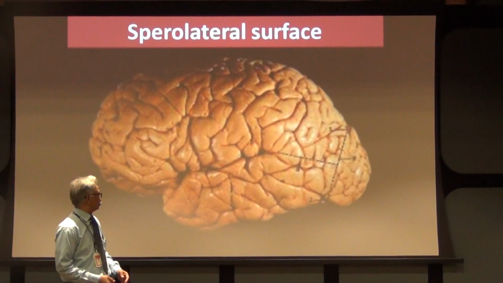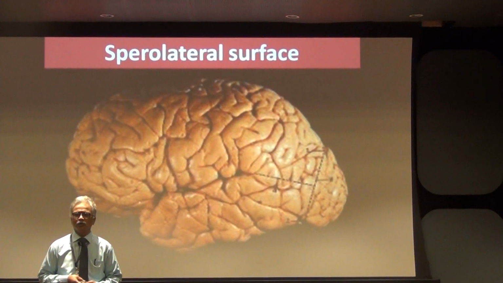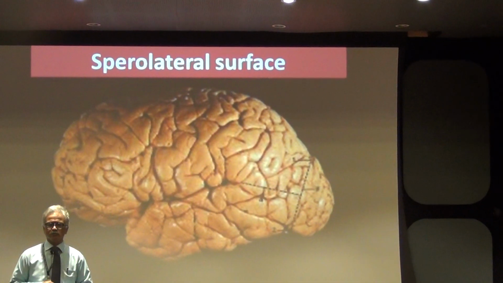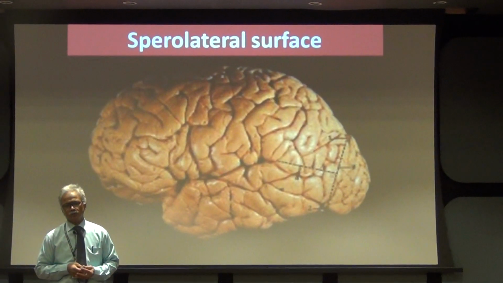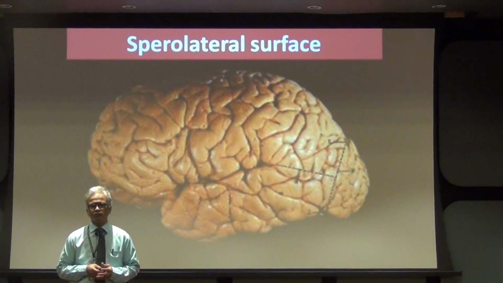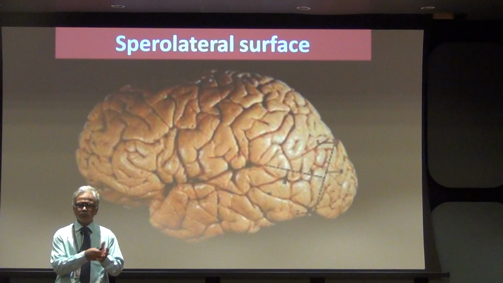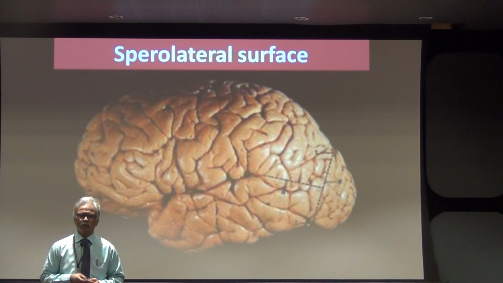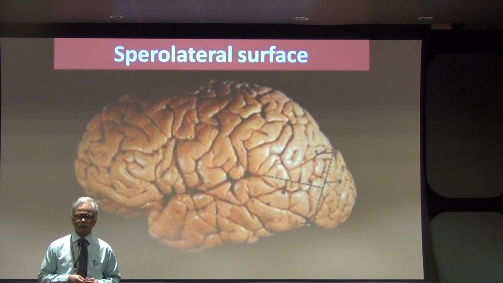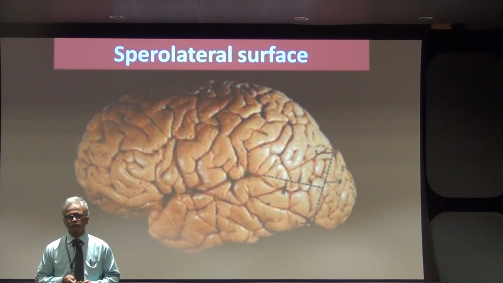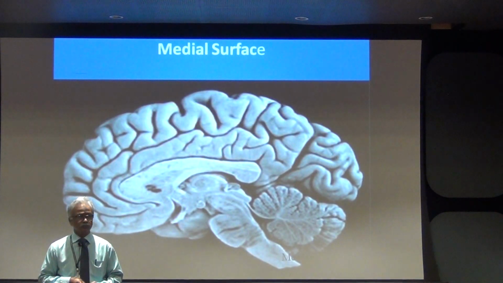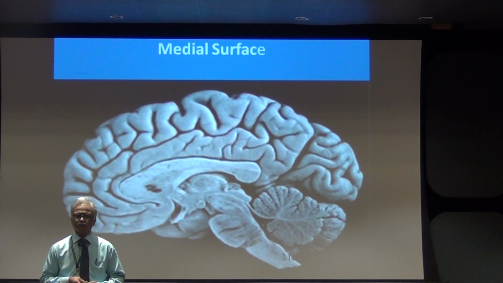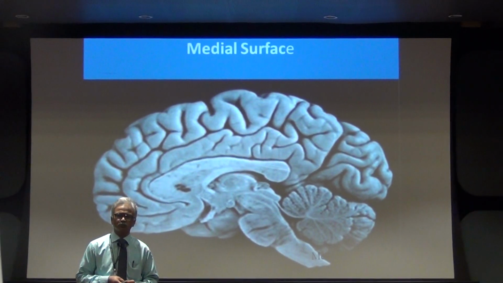Now coming to superolateral surface, when you hold the cerebrum or cerebral hemisphere in your hand, the superolateral surface lies in your palm. It is convex laterally and lies between the superomedial border and inferolateral border. Now this is the medial surface of cerebrum.